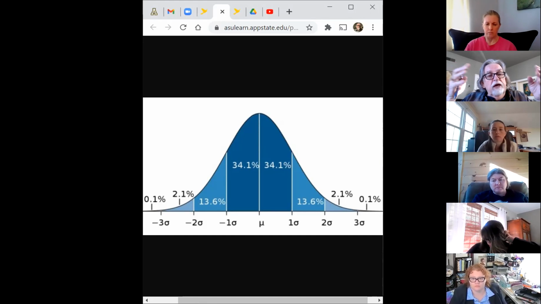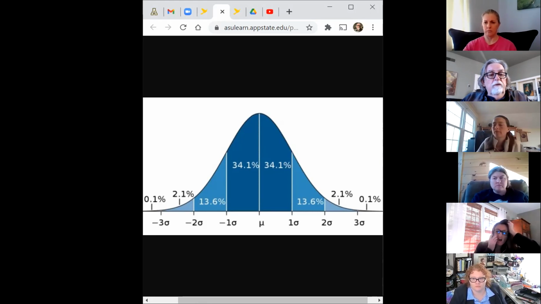If you standardize all those scores, you can compare their relative performance on SATs or GREs to their relative performance on GPA using the same unit, standard normal distribution units, standard deviation units. So it provides a way of translating back and forth.